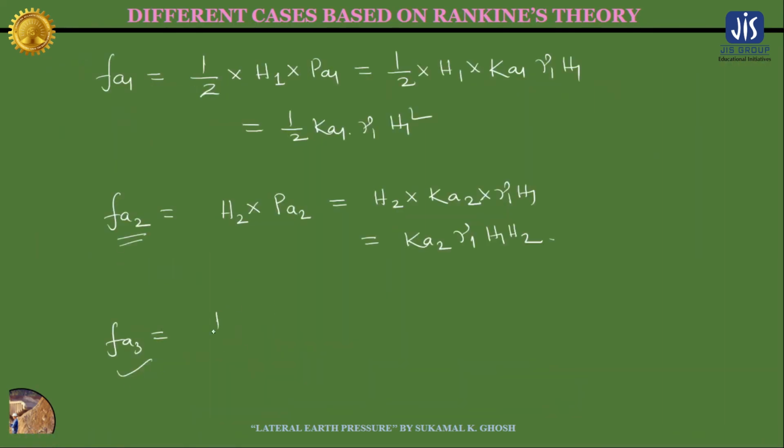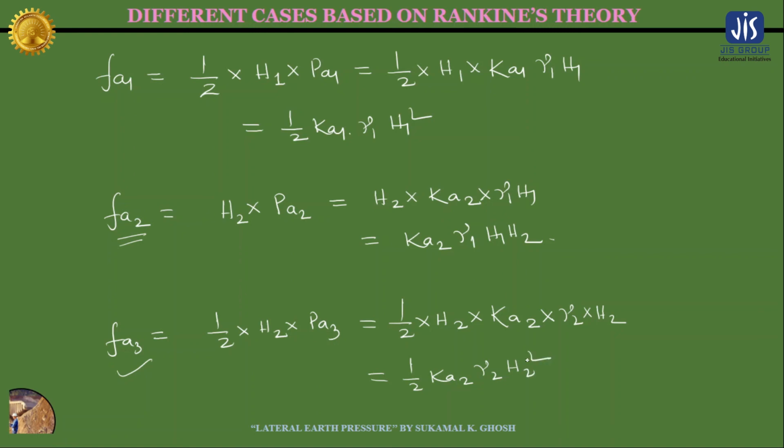So it will be half into H2 into Pa3, which will equal half into H2 into K2 into gamma 2 into H2. So it will be equal to half into Ka2 gamma 2 into H2 square.